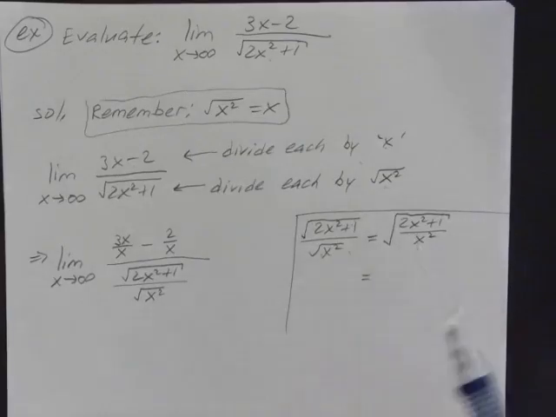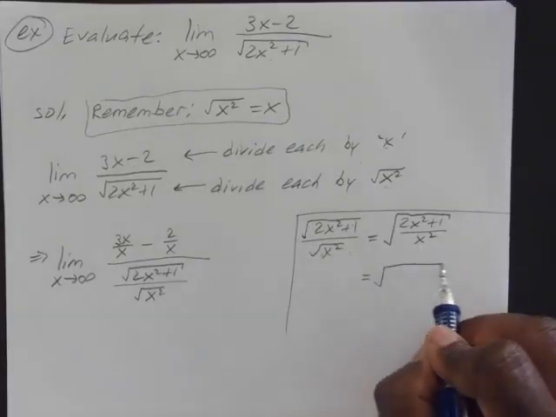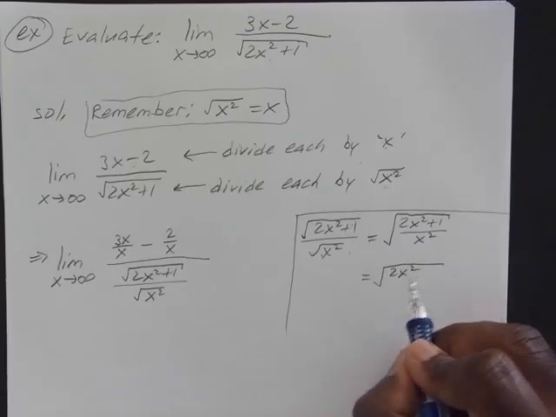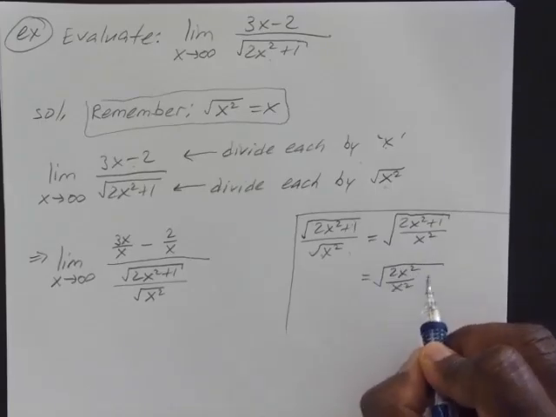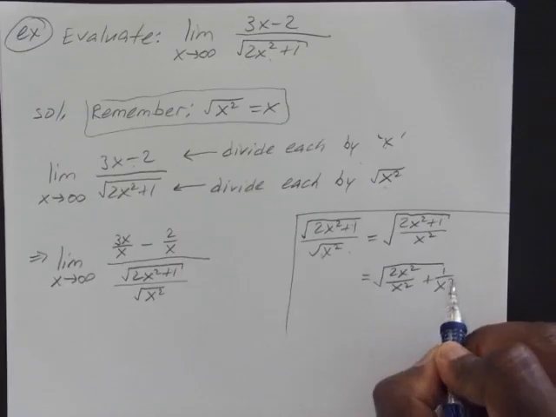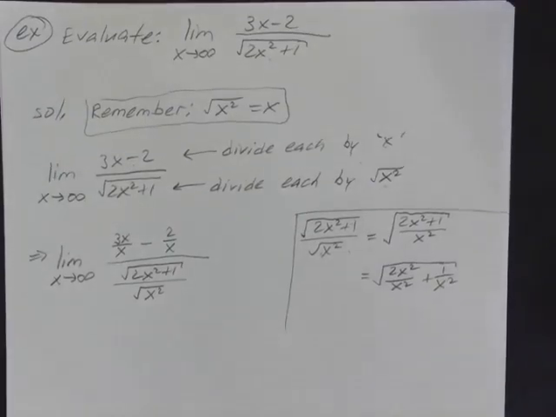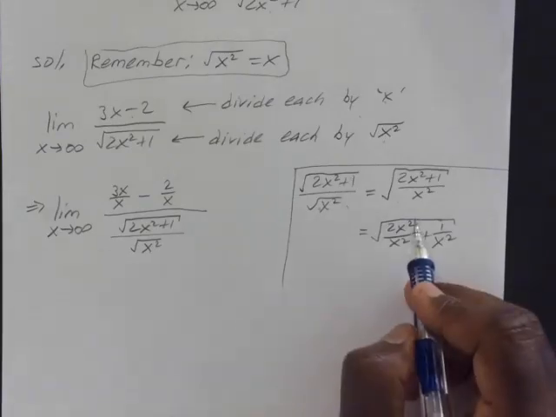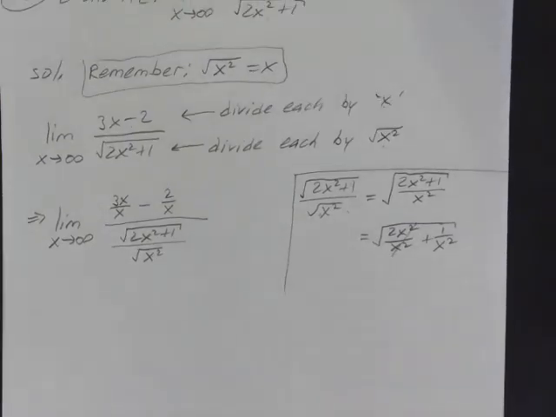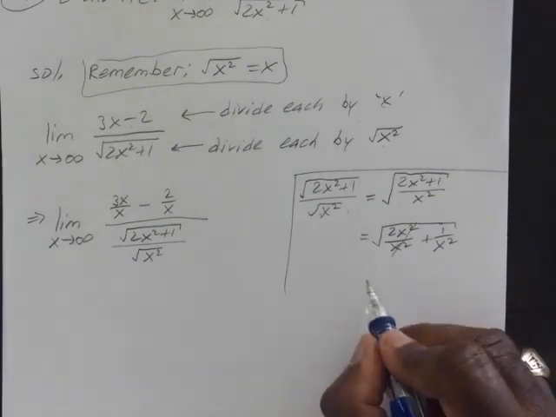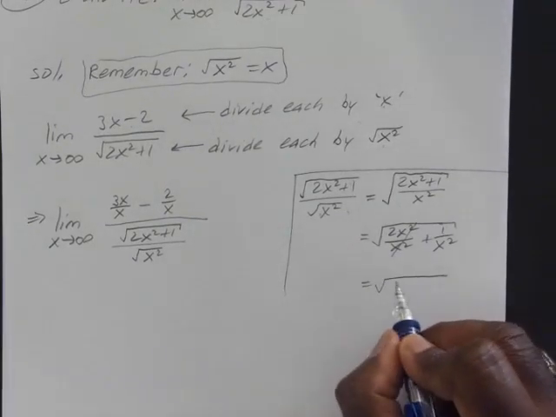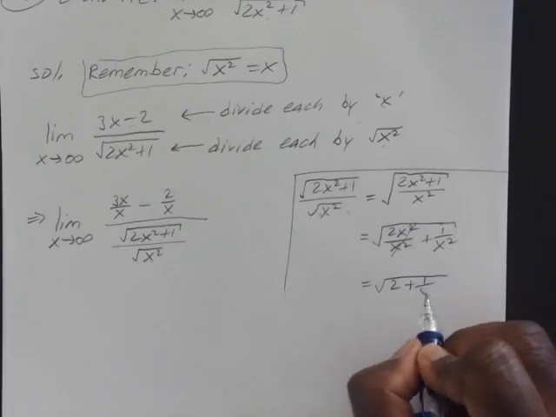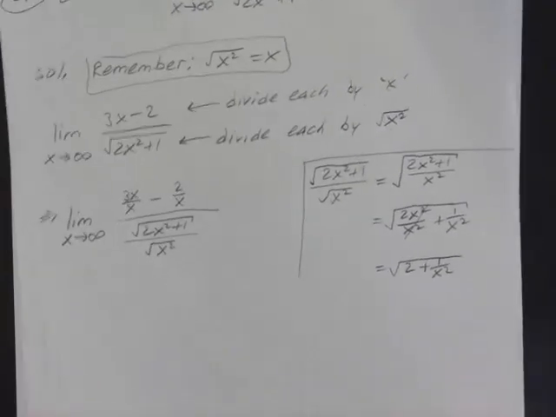So that means we can rewrite this as the square root of 2x squared over x squared plus 1 over x squared, where these two x squared cancel each other out. So that gives us the square root of 2 plus 1 over x squared.